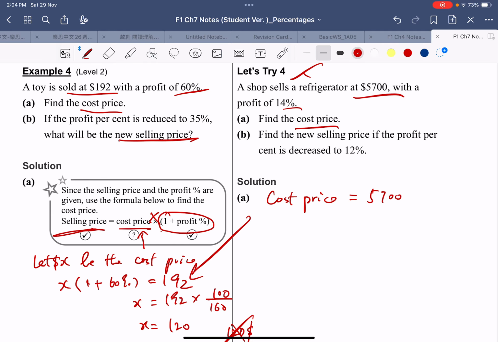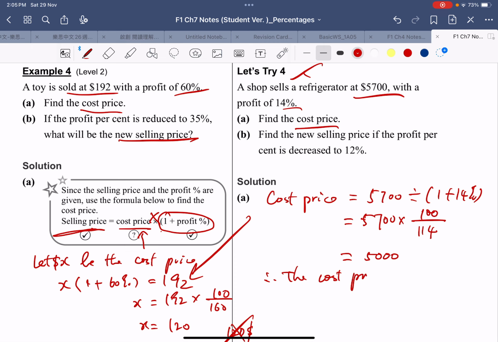Divide by 1 plus 14%. If you can just write down this and calculate the answer, that would be simpler, right? Times 114/100, and after some calculation, got 5,000, and therefore the cost price is $5,000.